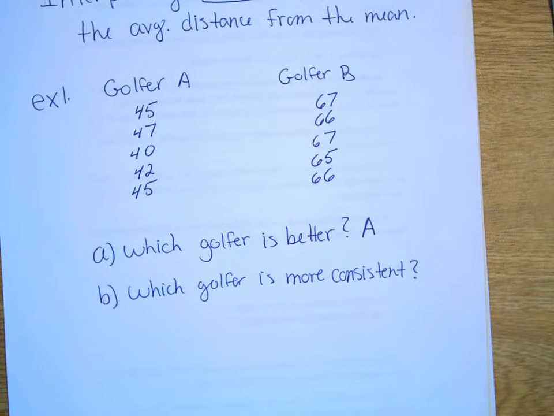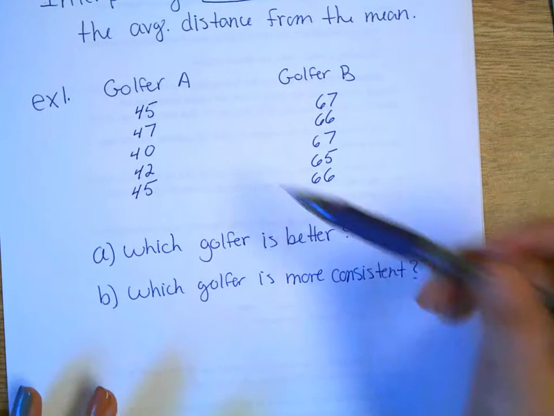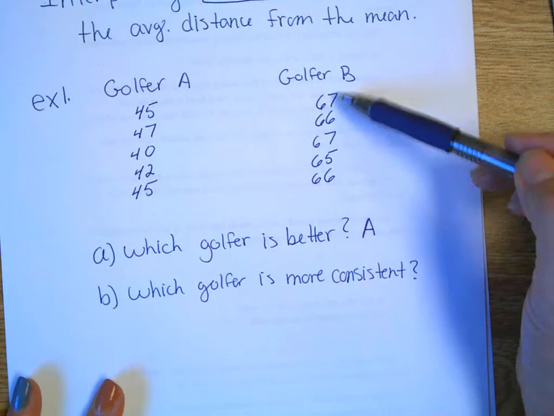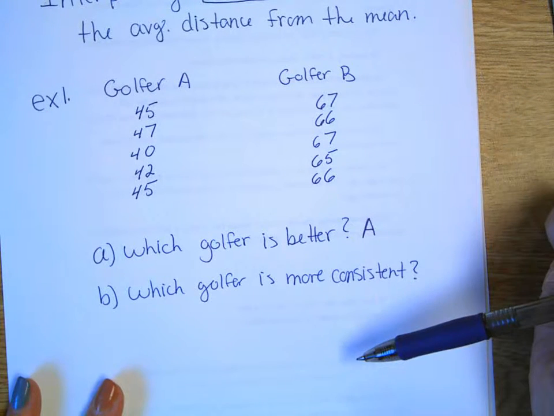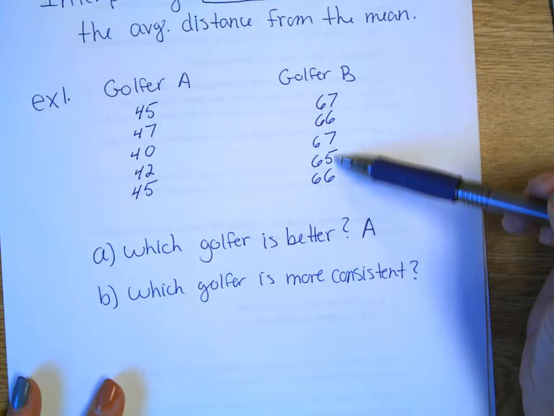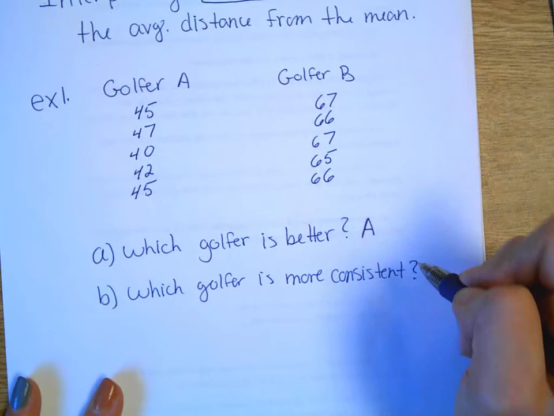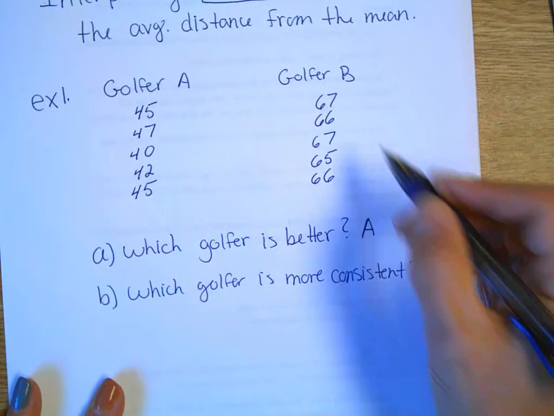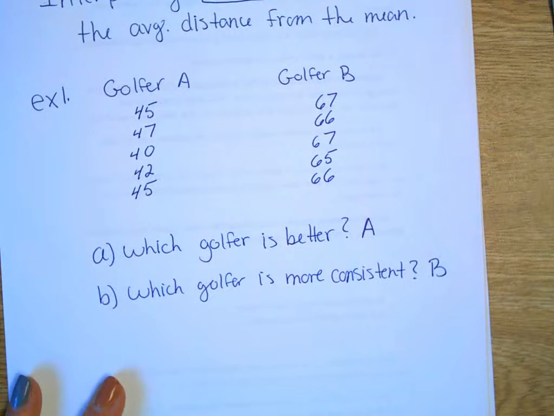What does it mean to be consistent? Means all your data is close together. Very good. Consistent means I do almost the same thing all the time, close together. So just by scanning, can you tell which one's more consistent? Yes, this one. What would verify that this golfer is more consistent? What piece of data could I give to say golfer B is more consistent than golfer A?